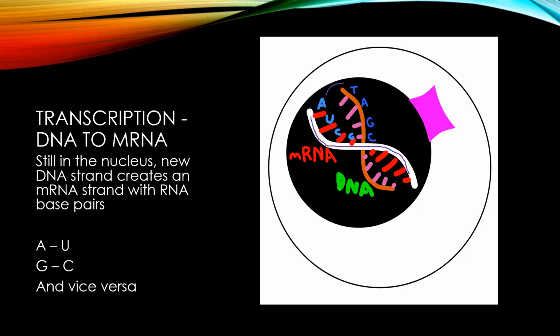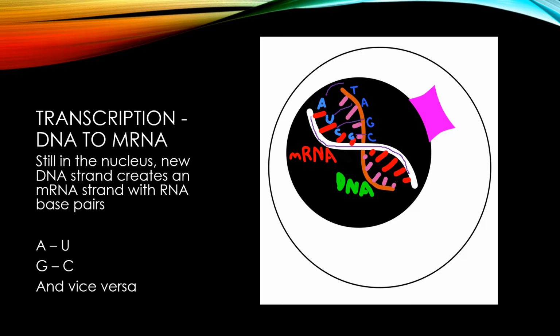See the A to U, the T to A, the G to C, and the C to G. And this new strand is called mRNA because RNA can leave the nucleus where DNA is locked into the nucleus. So that's why it has to create this mRNA strand.